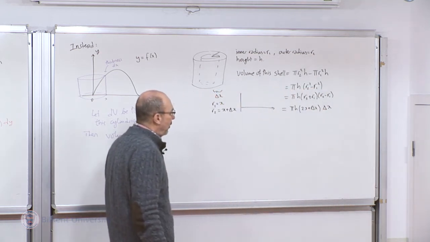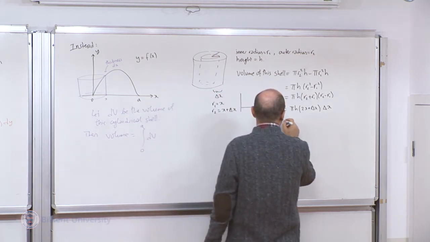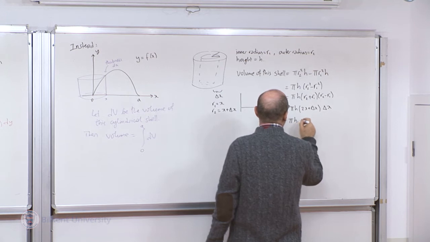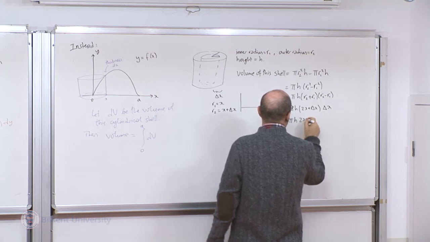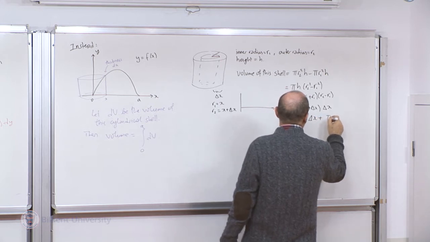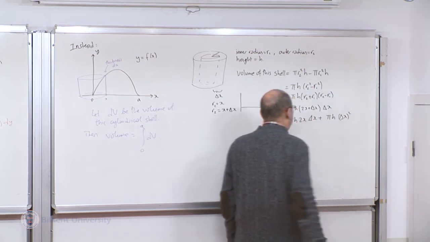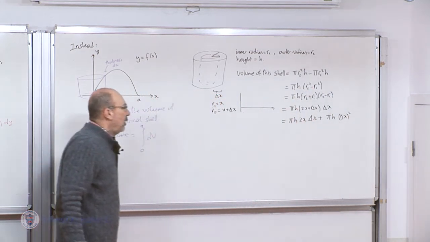Now when delta x is very small, let me write one more thing. This is one of the ways you look at these things. 2x delta x plus pi h delta x squared.